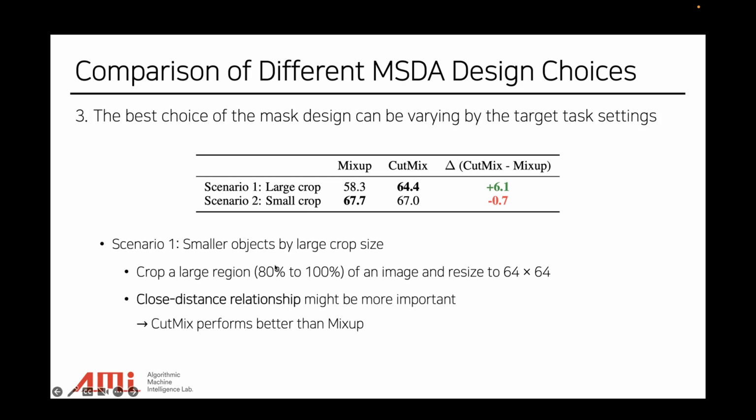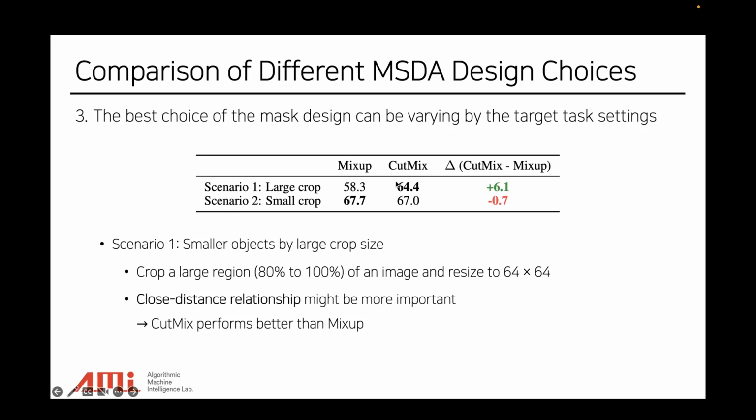In the first scenario, they crop a large region, 80 to 100% of an image, and then they resize to 64 by 64 resolution. So the small object is retained small, so the closer distance relationship might be more important to accurate classification.